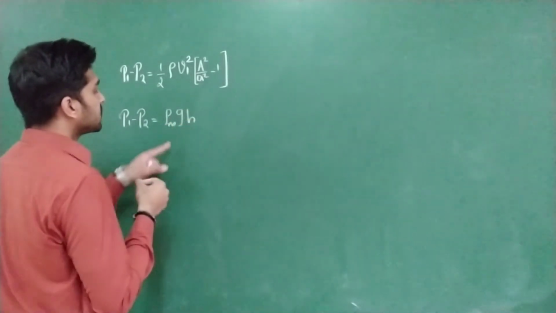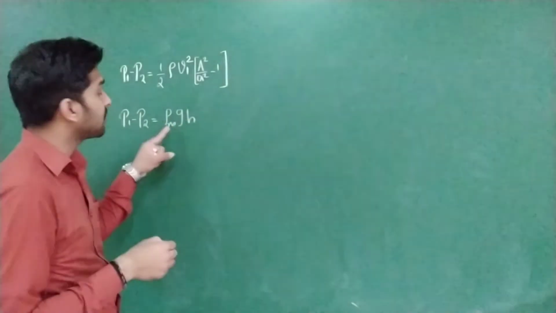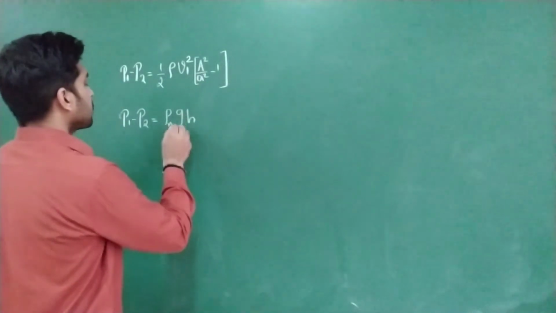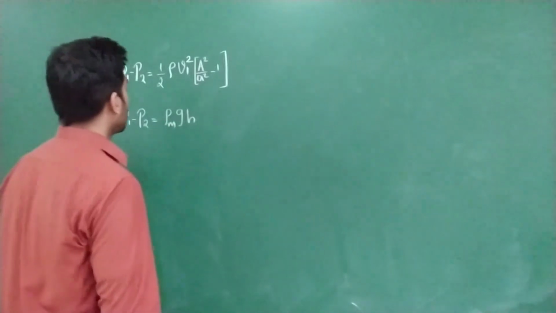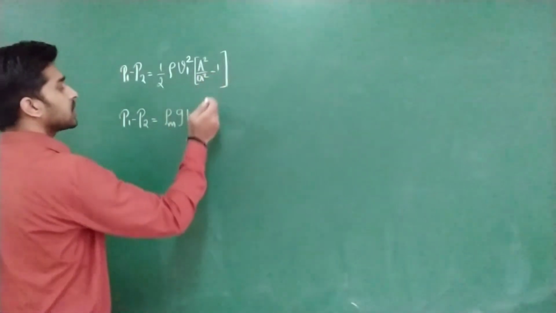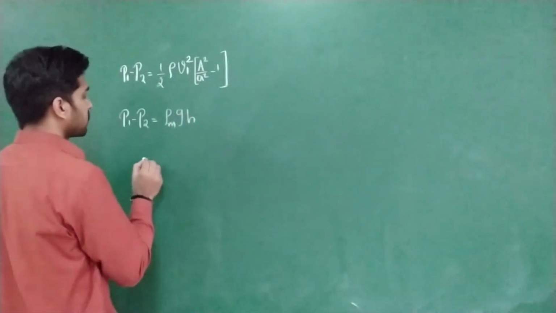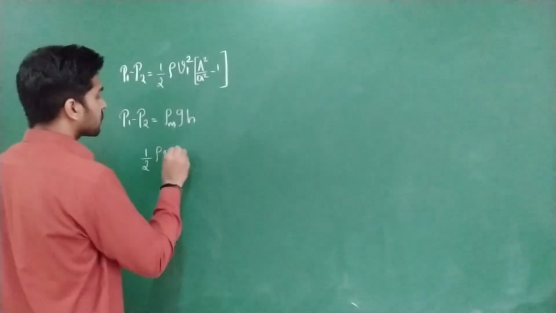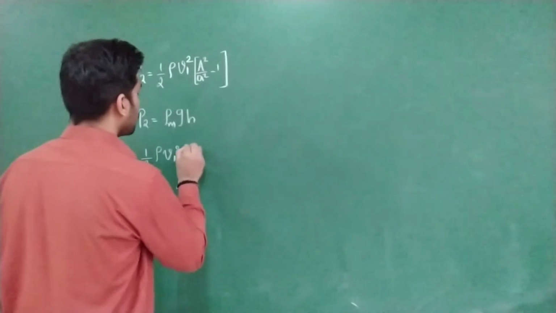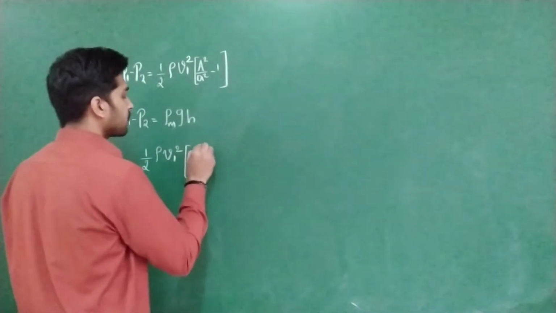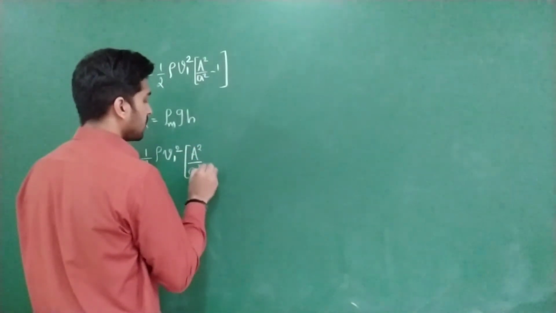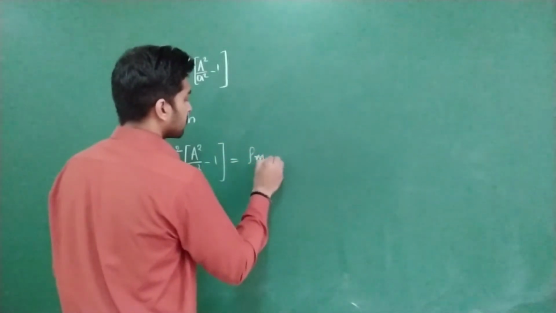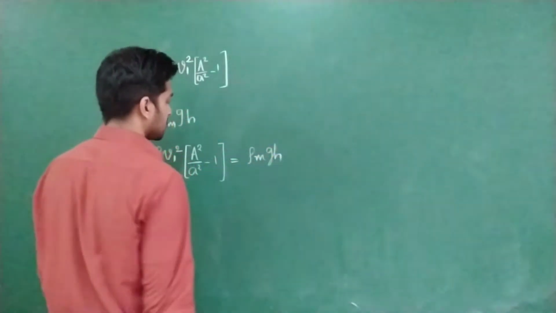And to specify that it is of different density, I will use rho m. Clear? So basically we are now equating these two equations. What is remaining? Half rho V1 square into bracket A square by small a square minus 1 is equal to rho m GH.